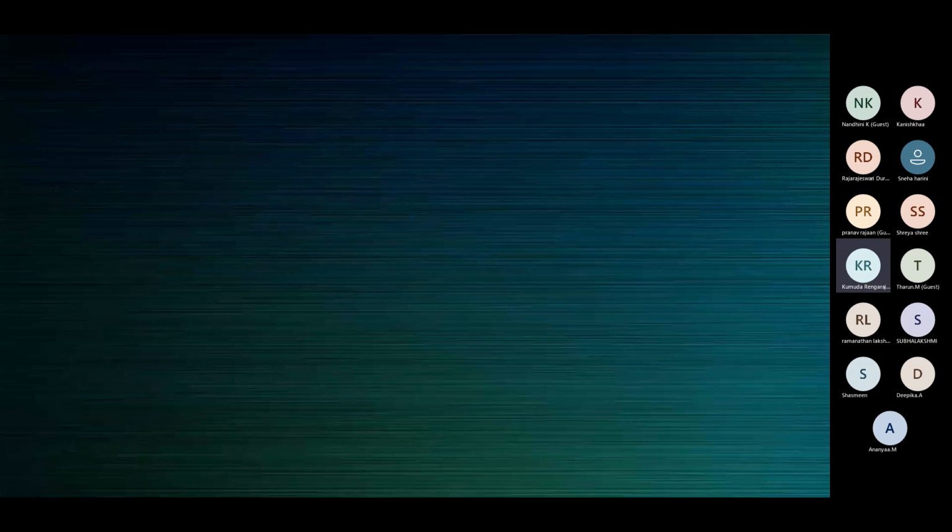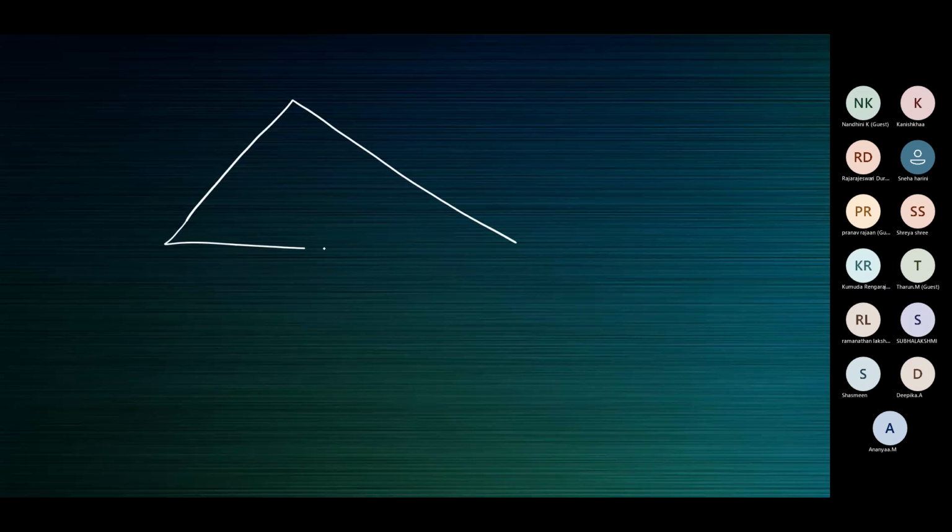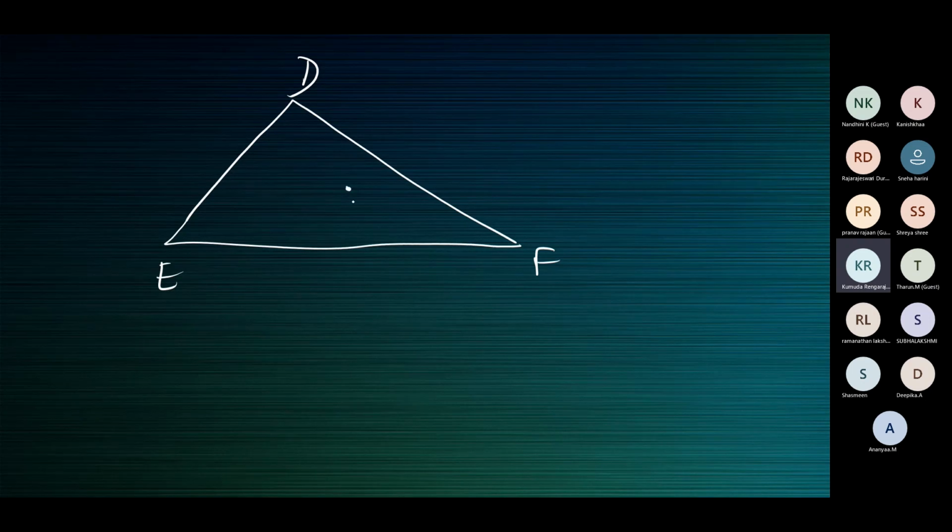Let's see it again. Triangle DEF. Any point X inside the triangle is joined to its vertices.